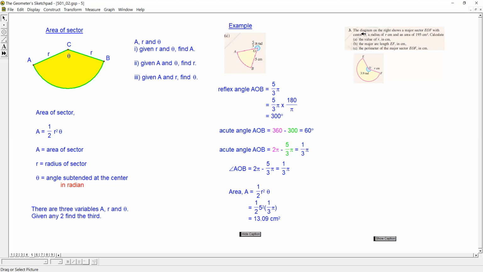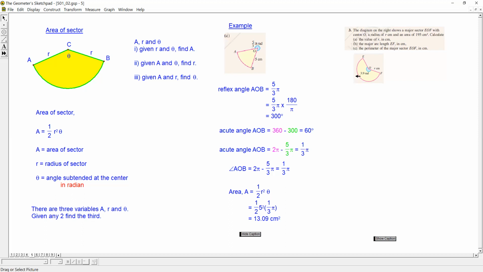Right, now we come to question number 3. The diagram shows a major sector EOF, and the radius is R. The area is 195.